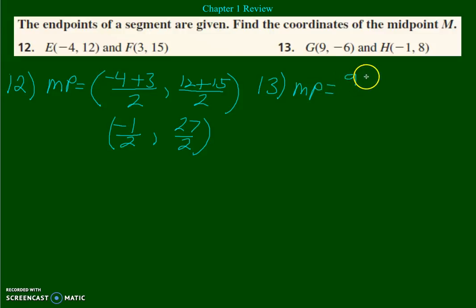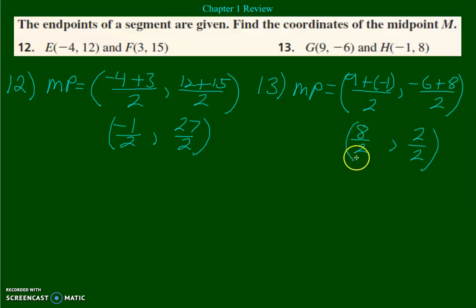So that's 9 plus negative 1 divided by 2 and negative 6 plus 8 divided by 2, which is 9 minus 1, which is 8 divided by 2, and negative 6 plus 8 is 2 divided by 2, which gives us 8 divided by 2 is 4, 2 divided by 2 is 1. So our midpoint is (4, 1).